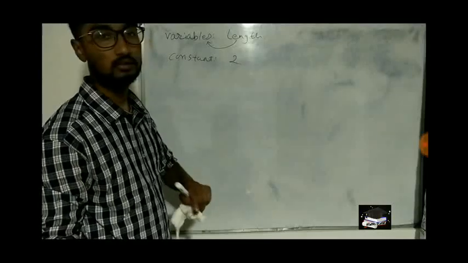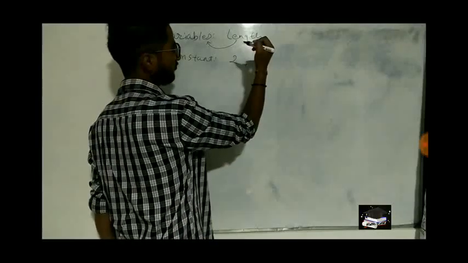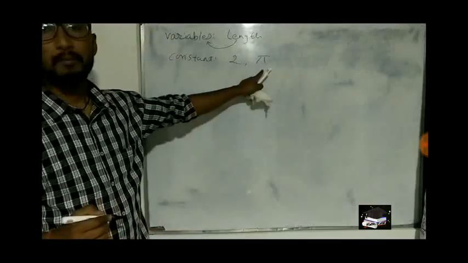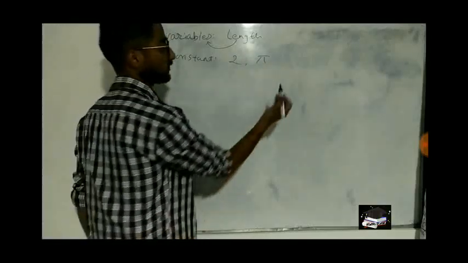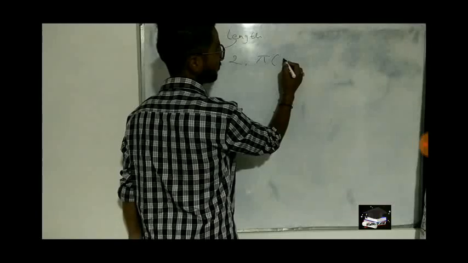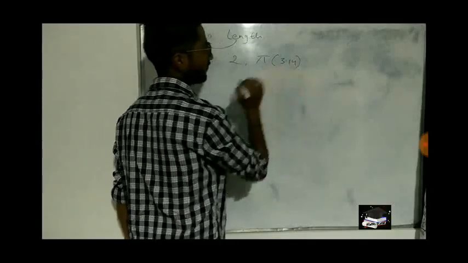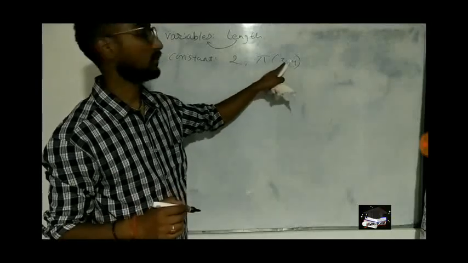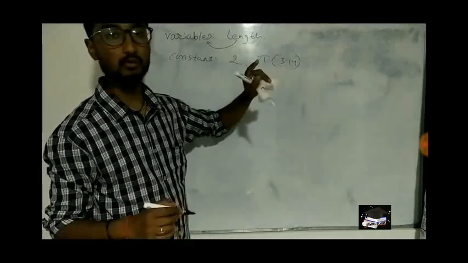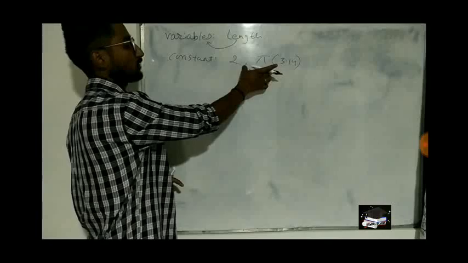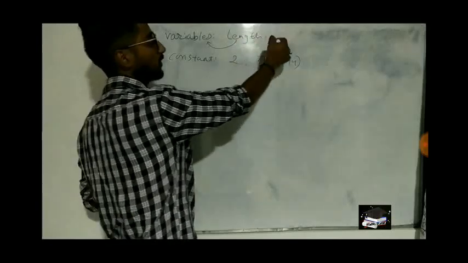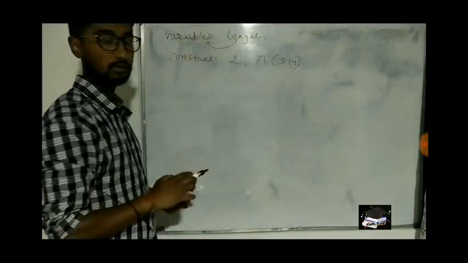It does not change. Another one, let's write down pi. Pi always has a fixed value, it does not change. The value of pi is always 3.14. So these are some examples of constants. Length, volume, mass, all those are variables.